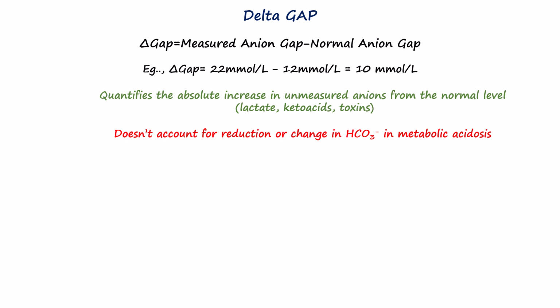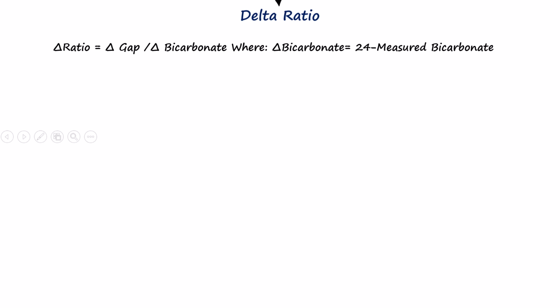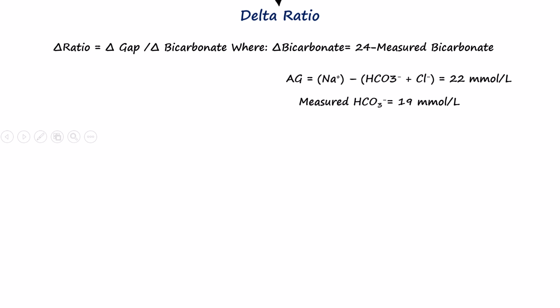This is taken care of by another concept called delta ratio. Delta ratio is the ratio that describes the change in anion gap to the change in bicarbonate concentration. For example, if the anion gap is 22 millimole per liter and the measured bicarbonate is 19 millimole per liter, the delta ratio is 2.